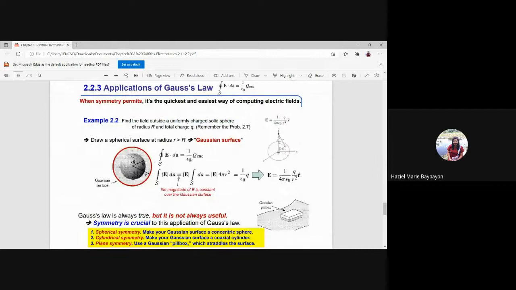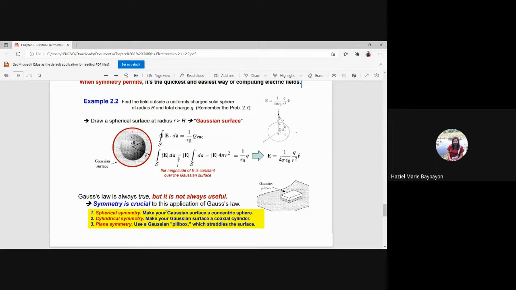We only used the equation E dot dA equals Q enclosed over epsilon naught. Tada. So we got the electric field. Now, Gauss' law is always true, but it is not always useful, especially for non-symmetrical surfaces.